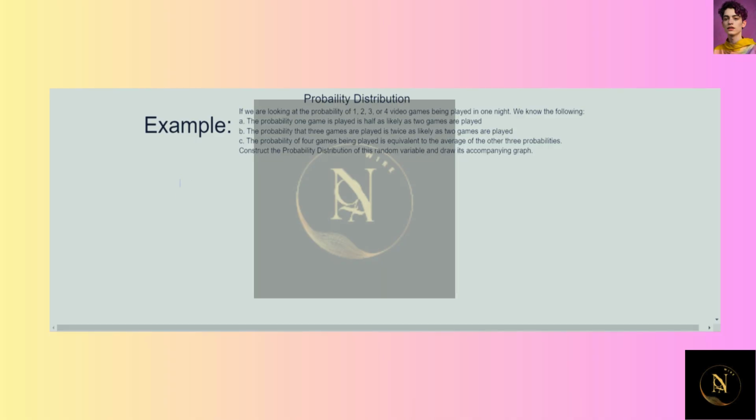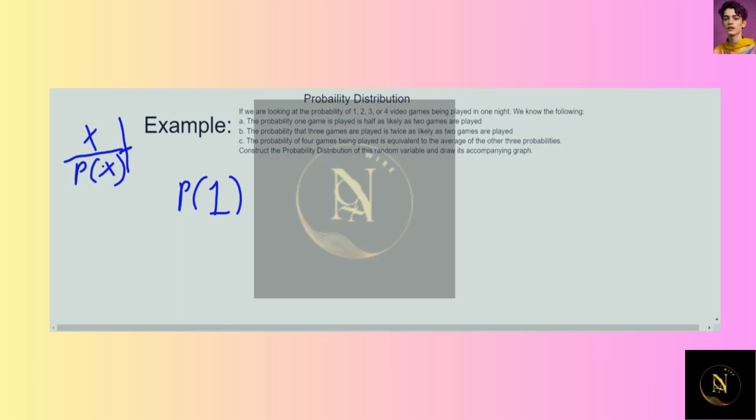So let's start out with the fact that that's a lot of information. So let's start out with breaking it down. Let's look at A first, the probability that one game is played. The probability that one game is being played, we'll denote as probability of 1. We've seen in the past that we put probability of x for writing out our probability distributions.